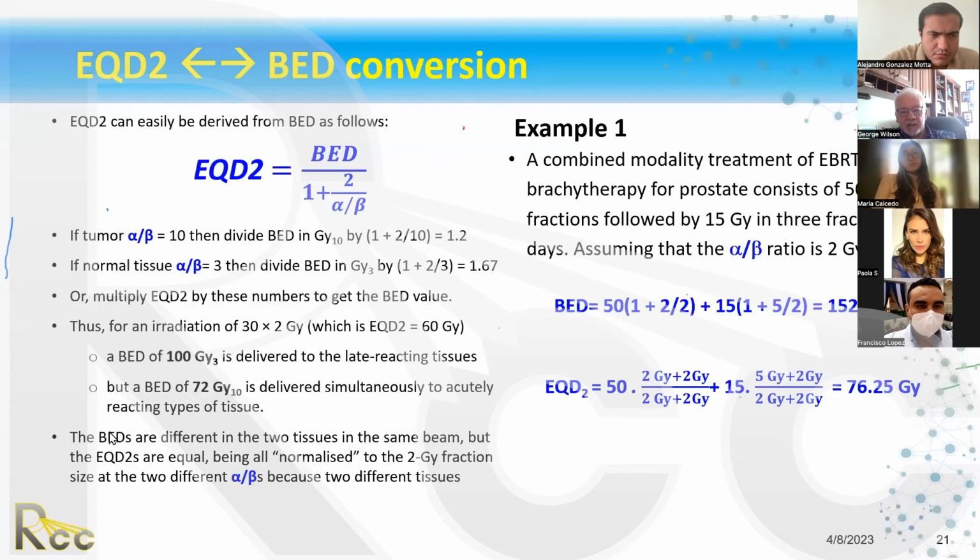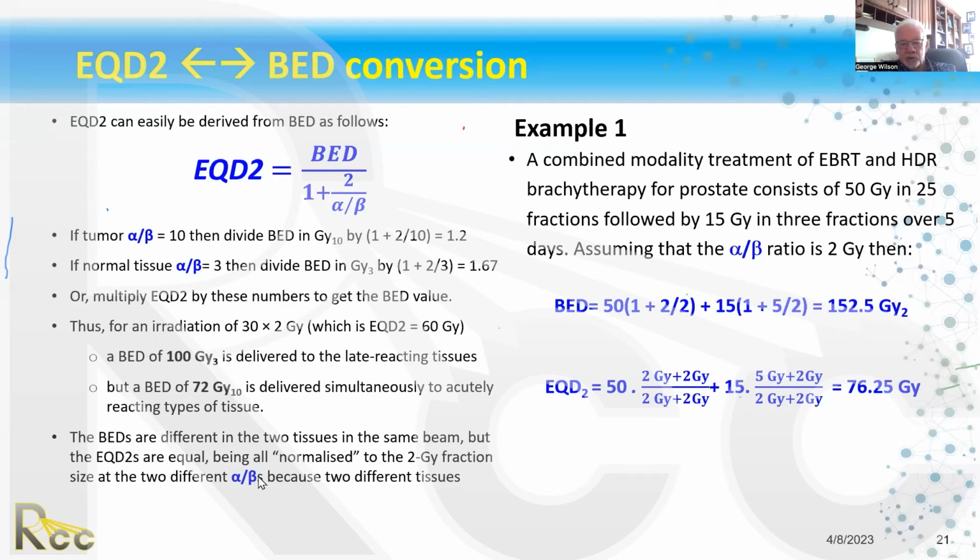You can see that the tissues are all getting the same radiation dose, but the BEDs are different in those tissues for the same dose due to the different characteristics of how they respond, that is, their alpha betas. So again, this emphasizes the importance of the alpha beta in determining the effective dose that they're getting, even though they're being irradiated with the same equivalent dose.